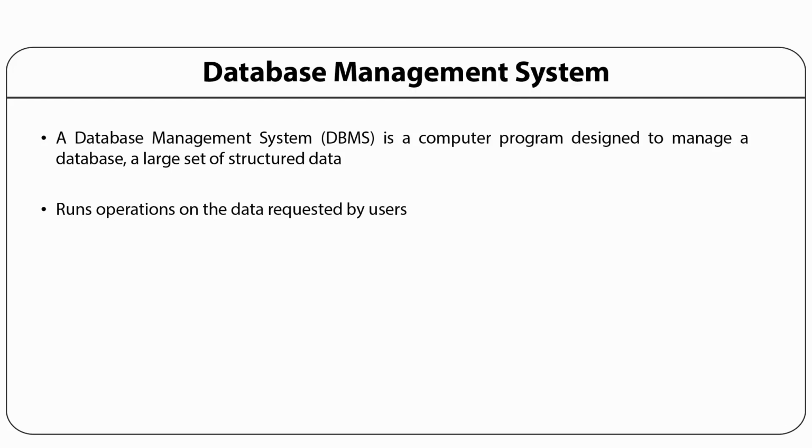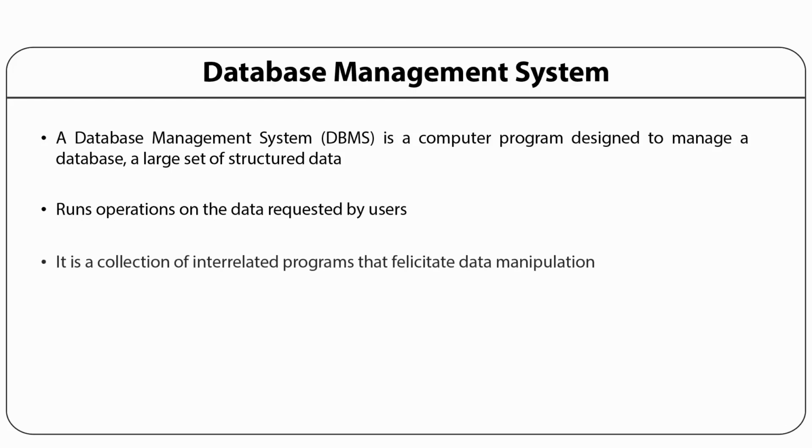Actually, a database management system, if you see, it is a collection of interrelated programs that facilitate data manipulation activity. If you see a database management system, it is just not a single file. It is a collection of several files, interrelated files, which work together and perform the operation of a database management system.